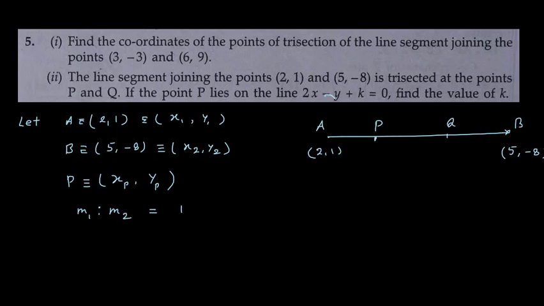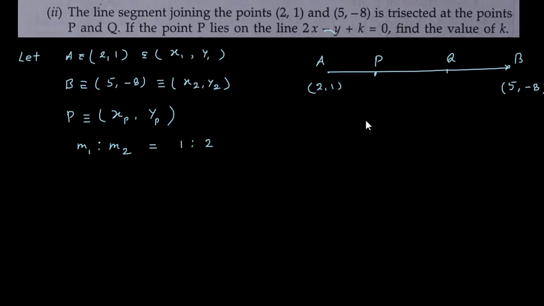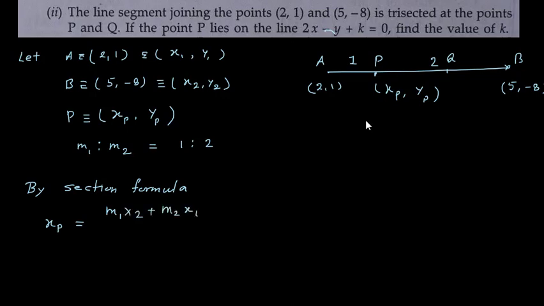So by section formula, your xp will be, first write the formula, that is m1 x2 plus m2 x1 divided by m1 plus m2.